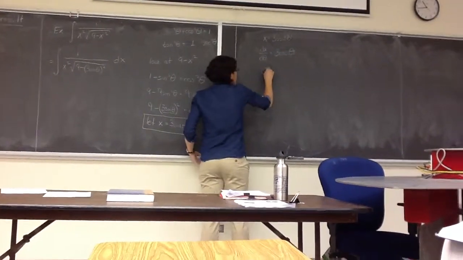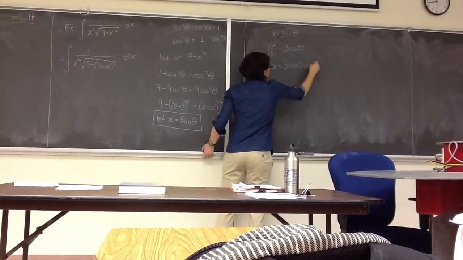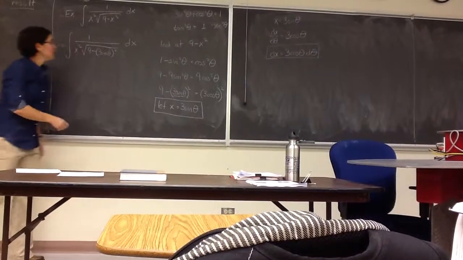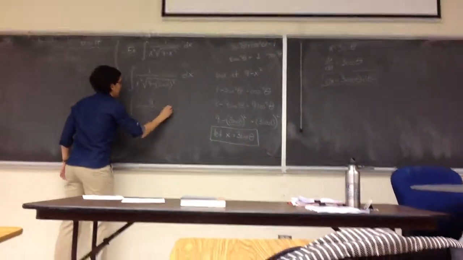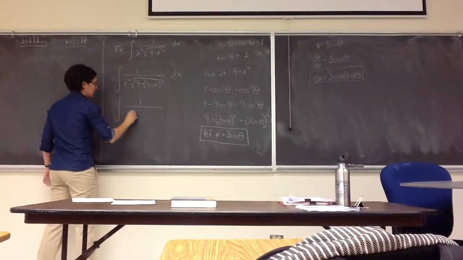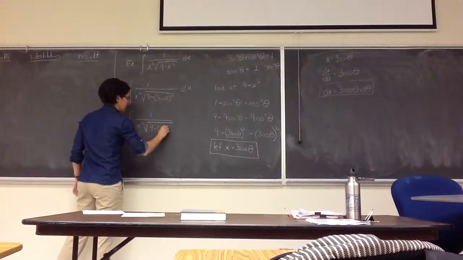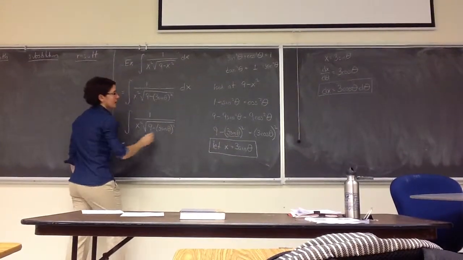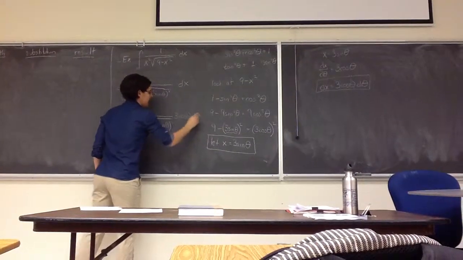And so dx is equal to 3 cosine theta d theta. Okay, so we can write this as 1 over x squared times the square root of 9 minus 3 sine theta squared. And our dx is 3 cosine theta d theta.